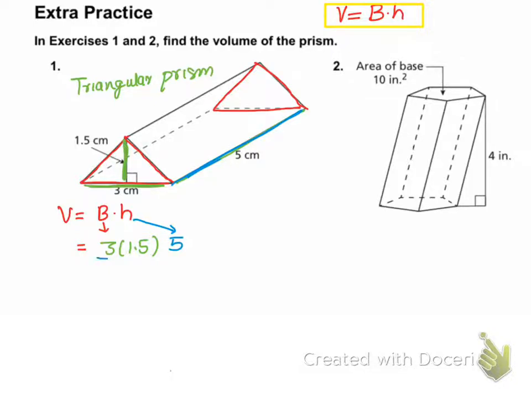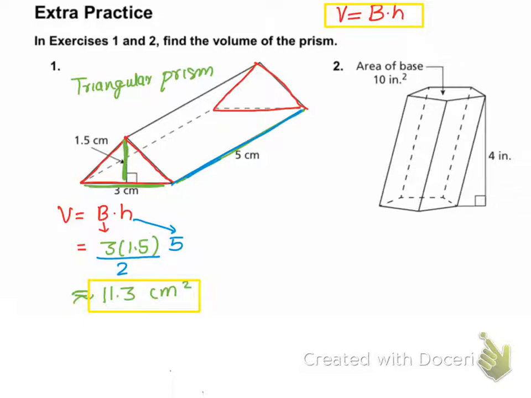And here I forgot to divide by 2 for the triangle's base area, base times height over 2. Now you simply use the calculator and solve it. Because you're not going to get an exact value, your answer is 11.3 centimeters squared to the nearest tenth. All right, let's move to another question.